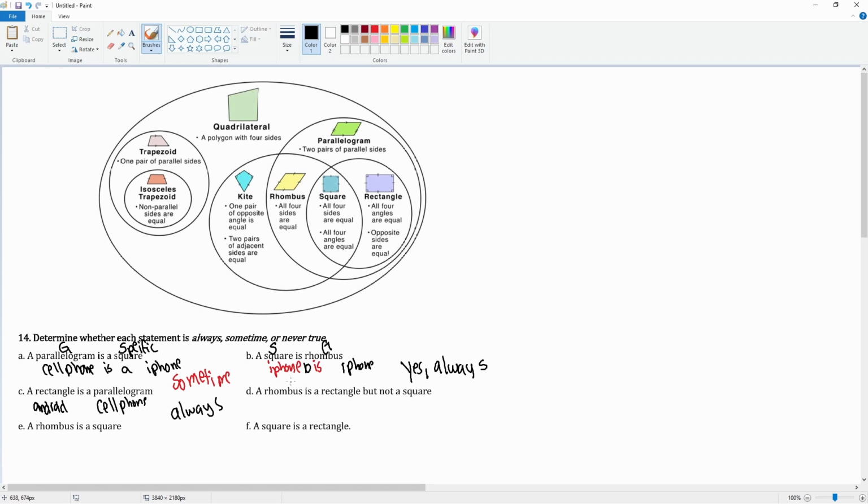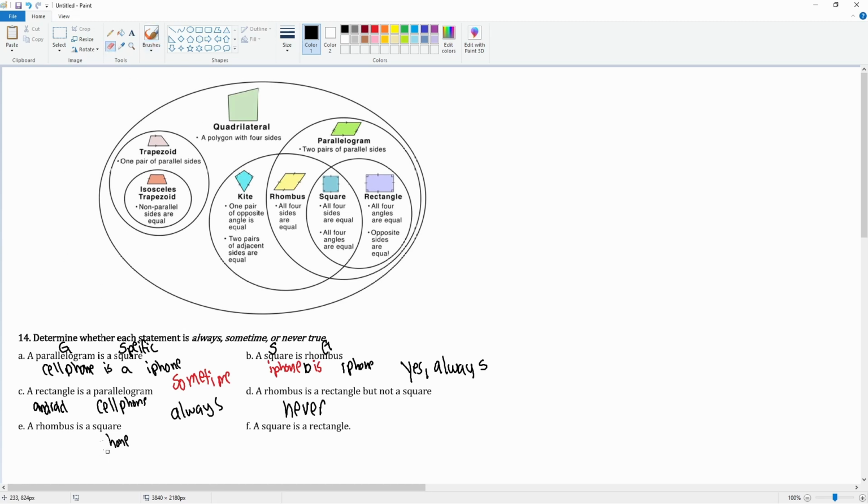Next, a rhombus is a rectangle but not a square. Well, a rhombus is never a rectangle, so this is never true, right? A rhombus is a square. Well, you know what?